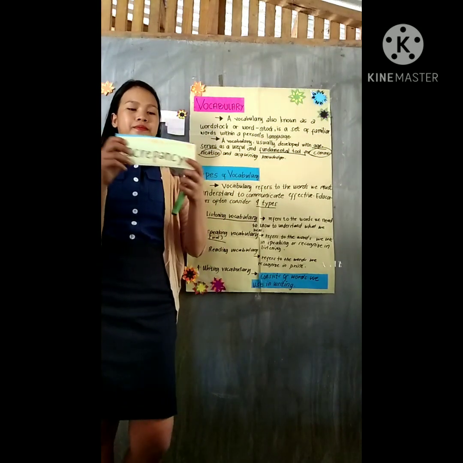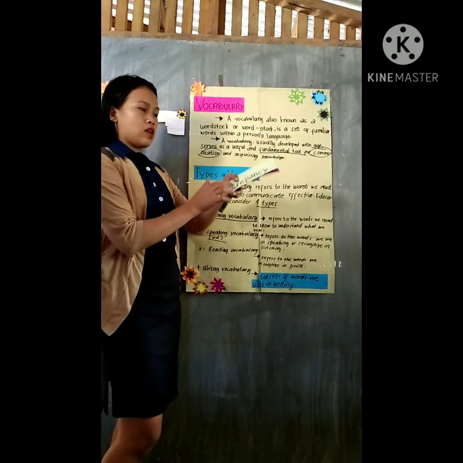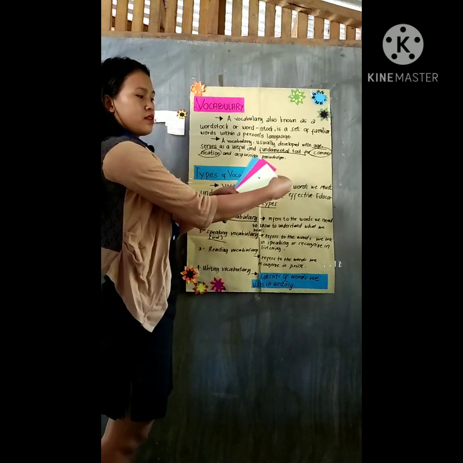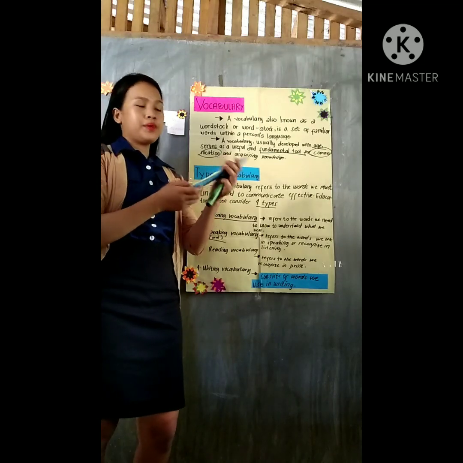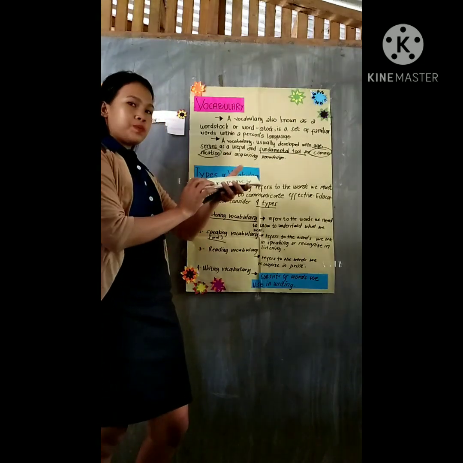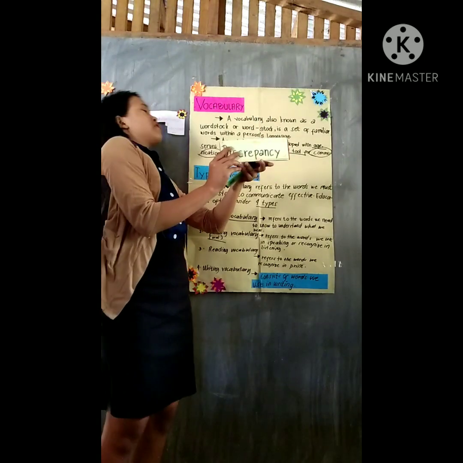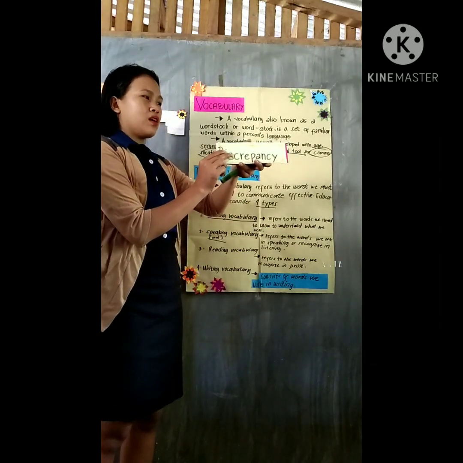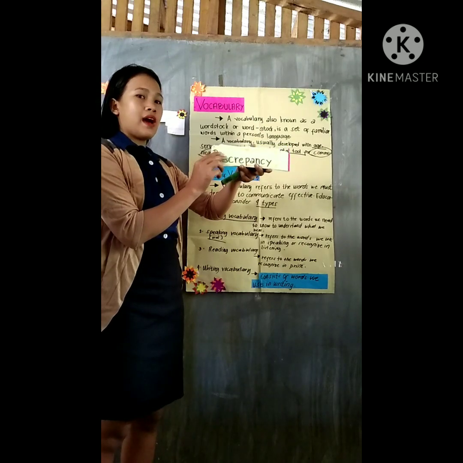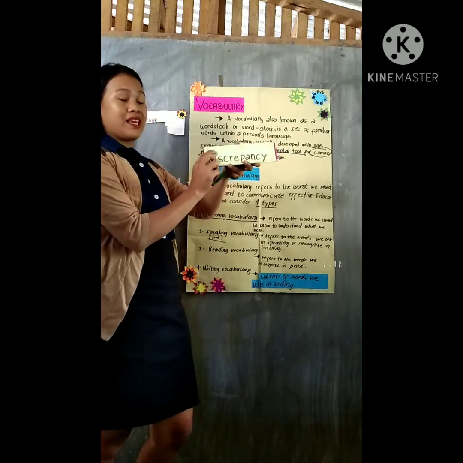It is all 15 vocabulary words. I speak it to you to understand more what the words are, and I give it a meaning and an example of it in words.